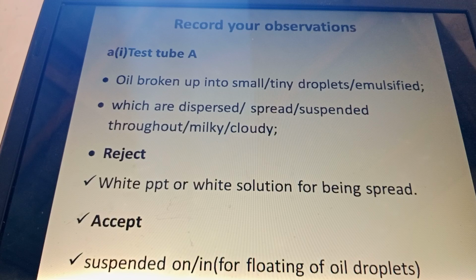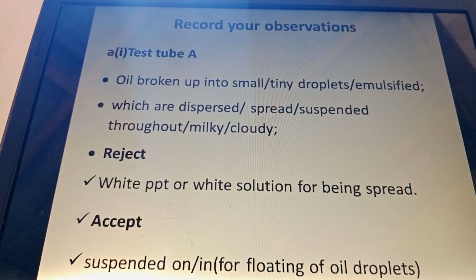Test tube A: oil broken up into smaller or tiny droplets, or emulsified, which are dispersed, or spread, or suspended throughout, or you say milky, or cloudy. So oil broken up into tiny droplets which are cloudy.